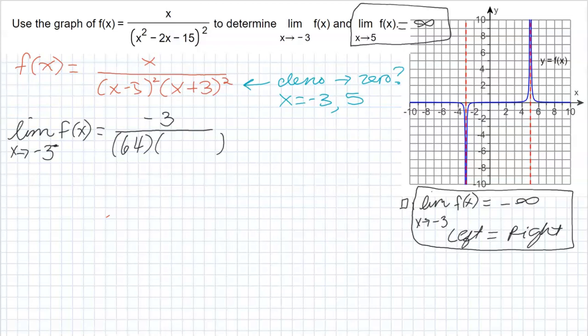And the concept of limit says that f does not necessarily have to be defined at -3 because we are really just going so close to -3.